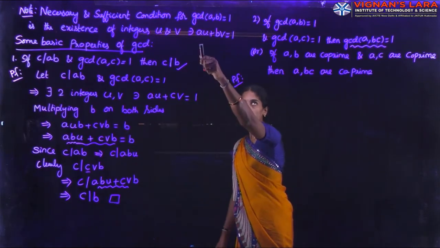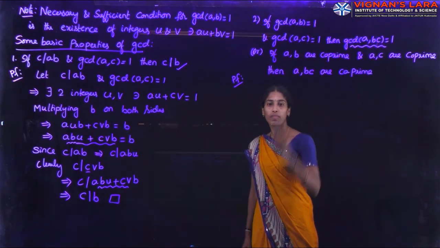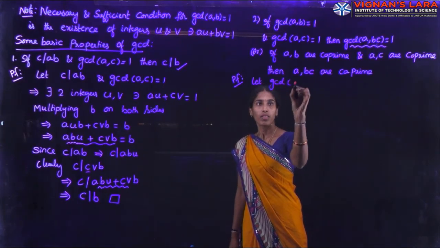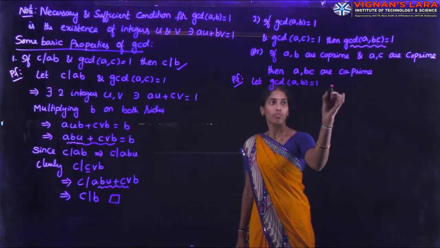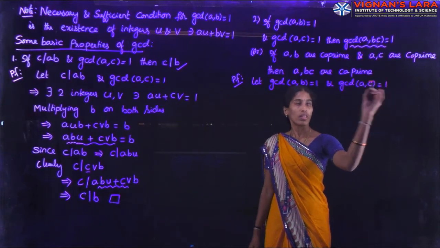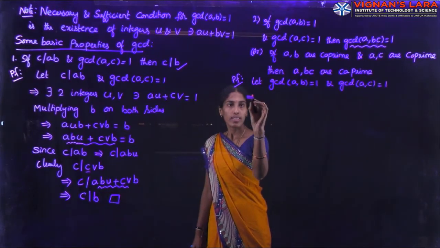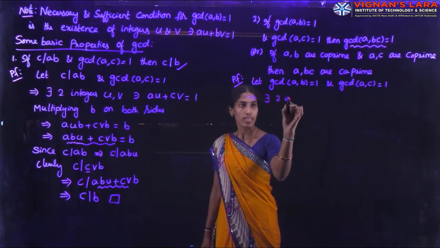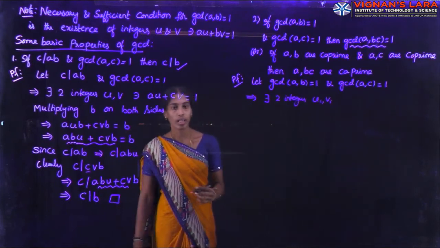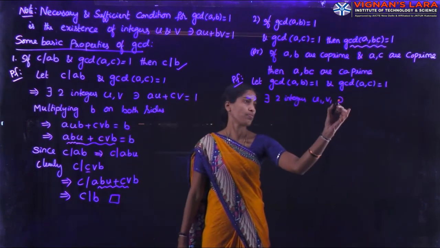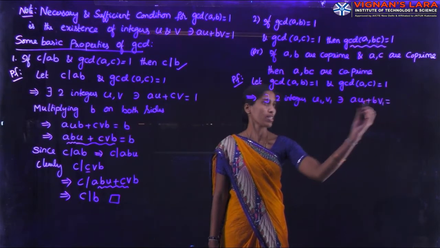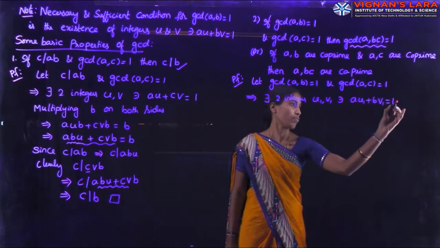Using this note, if GCD of A comma B is equal to 1, there exist two integers u1 comma v1 such that a u1 plus b v1 is equal to the GCD value 1.